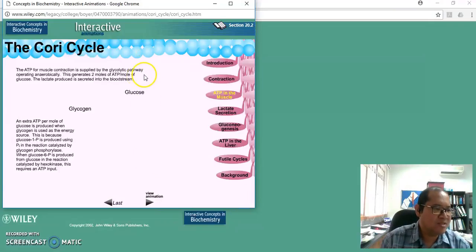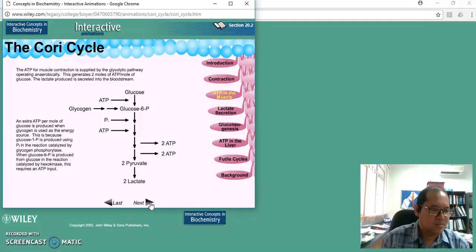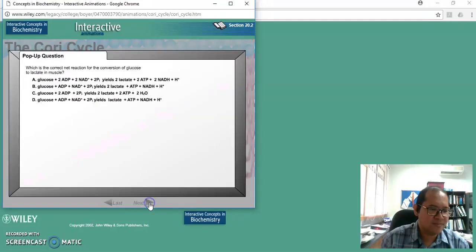So what happens is that this is via anaerobic method, whereby they will generate 2 moles of ATP, and the lactate produced is secreted into the bloodstream. Okay, so these are the steps. So this is anaerobic respiration. So you see that it stays in the cytoplasm actually, whereby it will produce lactate as the end product.